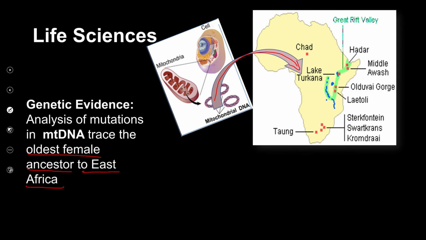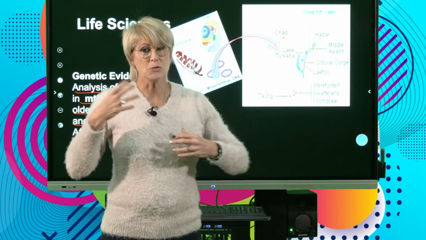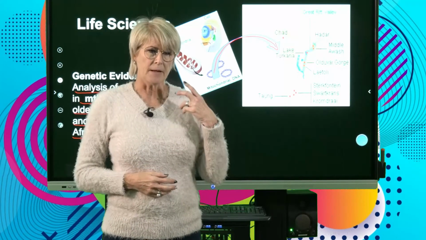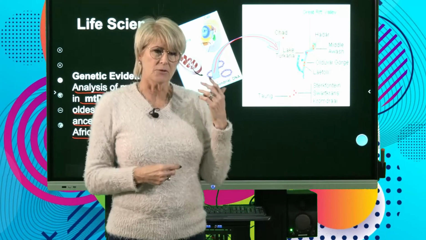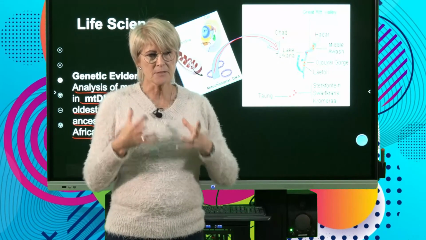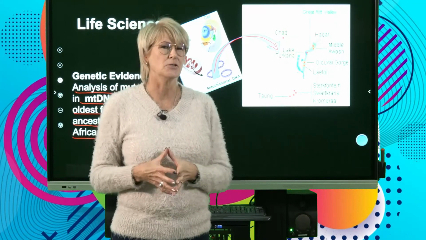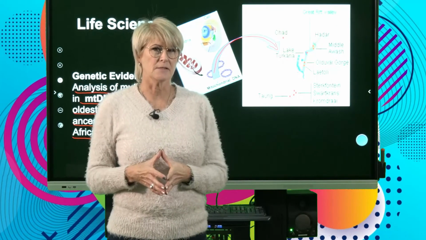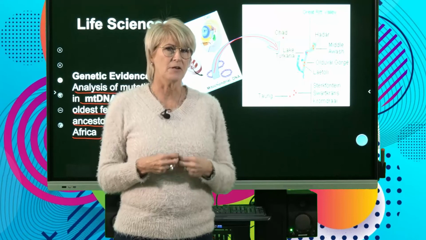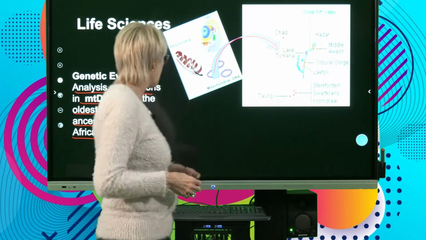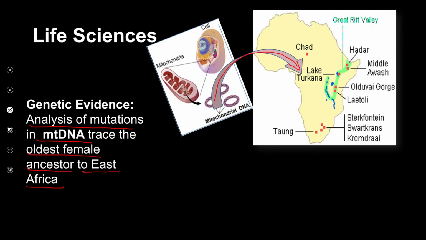The way in which they discovered it was that they analyzed the mutations in the mitochondrial DNA. They discovered that there are a lot more mutations than in females that occur elsewhere in the world. So the females in Africa, and that's how they determined that the earliest ancestor can be traced back to having originated in Africa. All right, so that's the mitochondrial DNA.